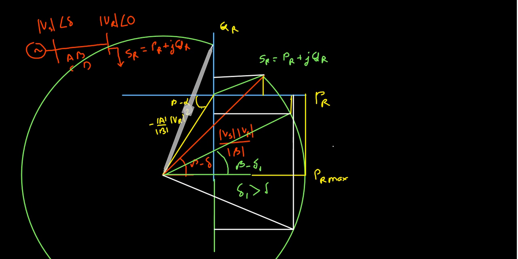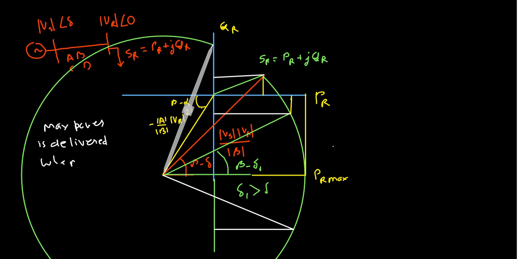So maximum power is delivered when beta minus delta is 0, at this point. So that is the maximum PR.